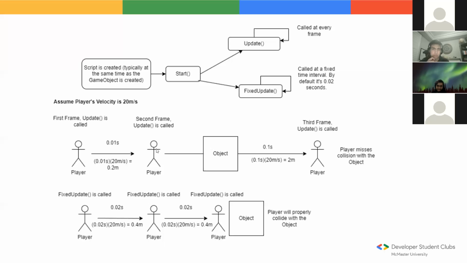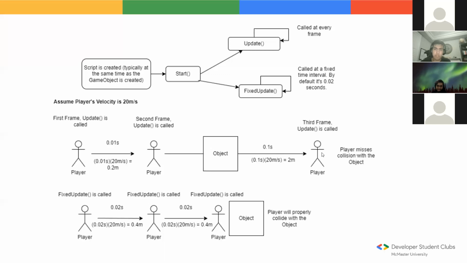Now let's assume the frame rate drops like significantly, right? It goes from 100 frames per second to like 10 frames per second. And so then we assume that the time between the second frame and third frame will be like 0.1 seconds, okay? So instead of moving 0.2 meters like they did here, because the time between the frames increased, the player's movement also increased.